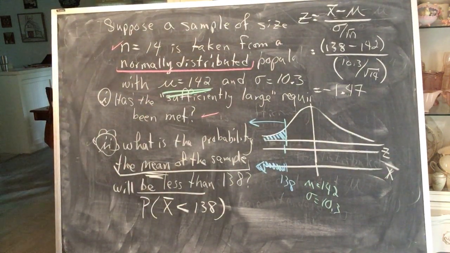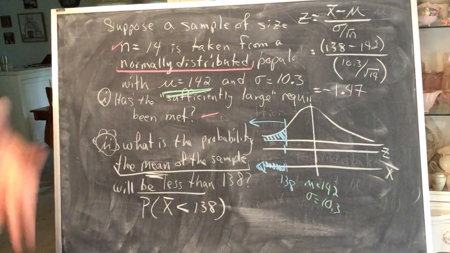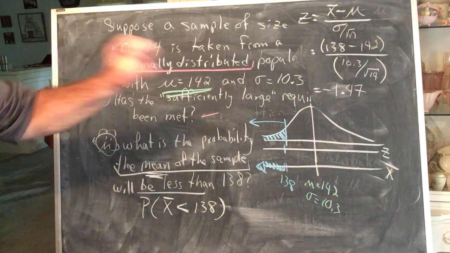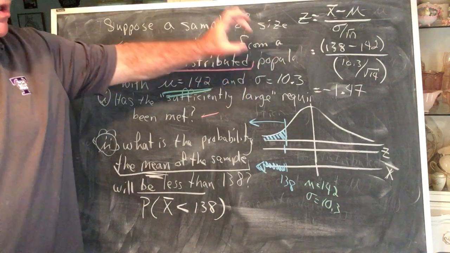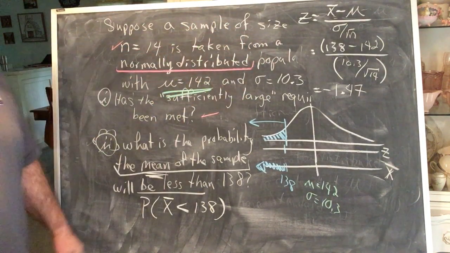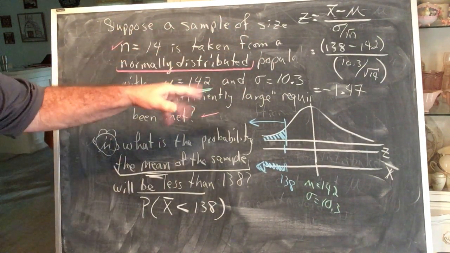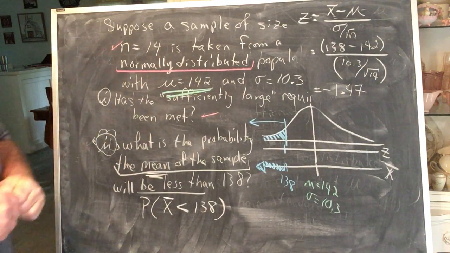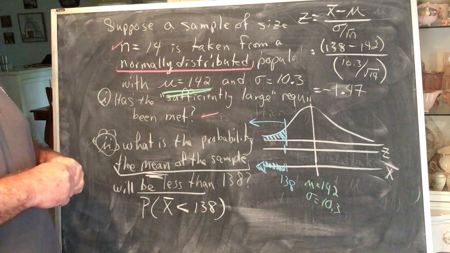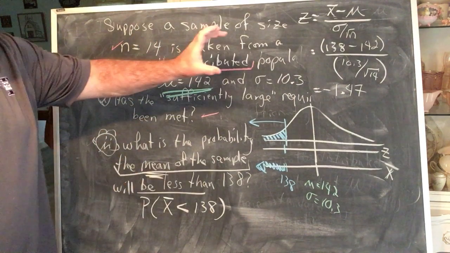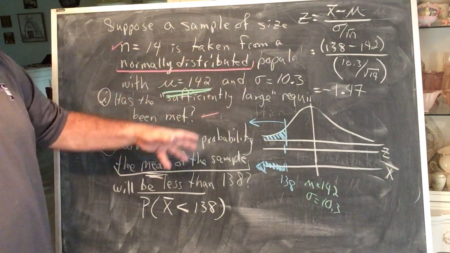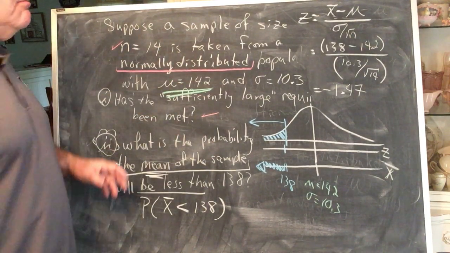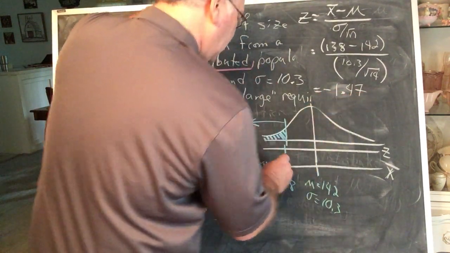I had negative 1.467, and that rounds up to negative 1.47. Make sure you can make your machine say that number or something very close to it. If you round differently, you might get negative 1.48 or negative 1.46. But if you get 3.15 or 72, you screwed that up, go fix it. Something approximately this goes here: negative 1.47.